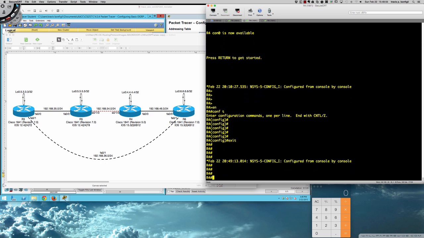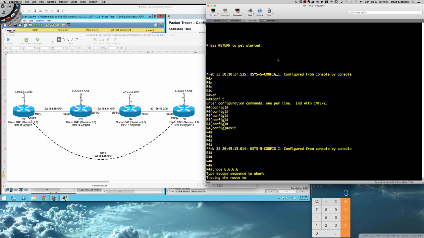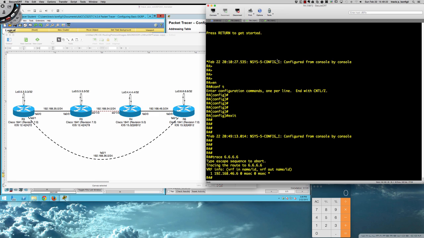And so what I'm going to say here is trace 6.6.6.6, and let's see which way. From looking at the diagram above, it should be pretty obvious which way it's going to go. And it looks like it's going to go directly over that 192.168.46 transit network to get to router 6. And it does. And that's it.